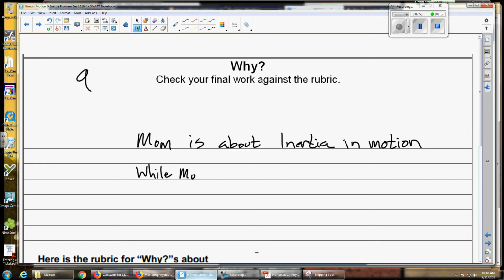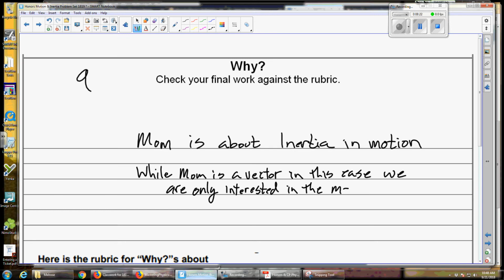While momentum is a vector, in this case we are only interested in the magnitude.